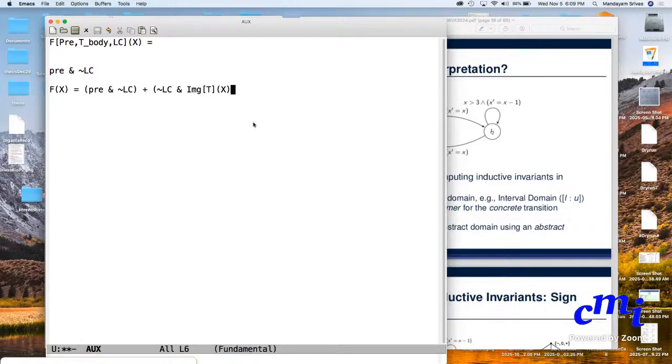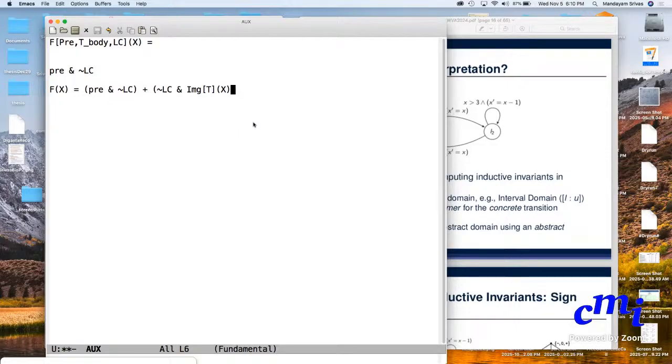What F is supposed to be: I'm asking whether F is supposed to be what happens after one iteration in some sense. No, this is not the weakest precondition. This is the strongest post condition.